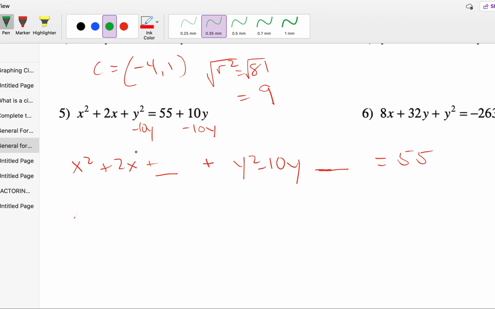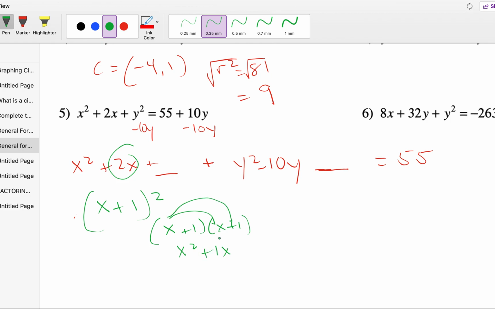So the next step is to get half of the middle term. So half of 2 is 1. And so the number here is 1 squared. If I really need to FOIL, I could, again to remind you, when we multiply this out, we get x squared, x times x, plus 1x, plus another 1x, and then 1 times 1 is 1.